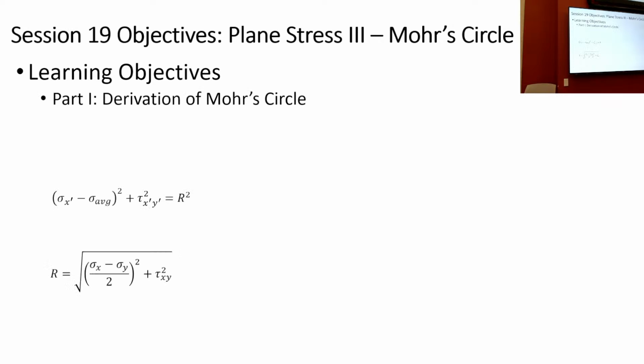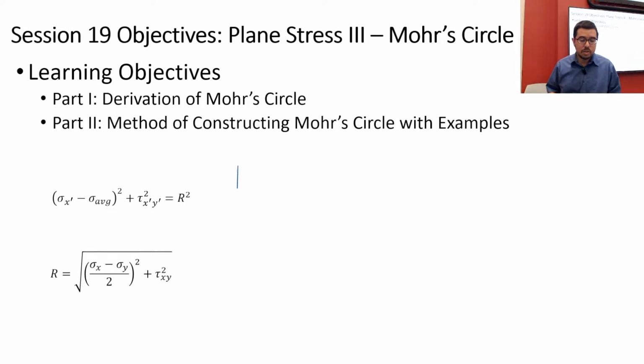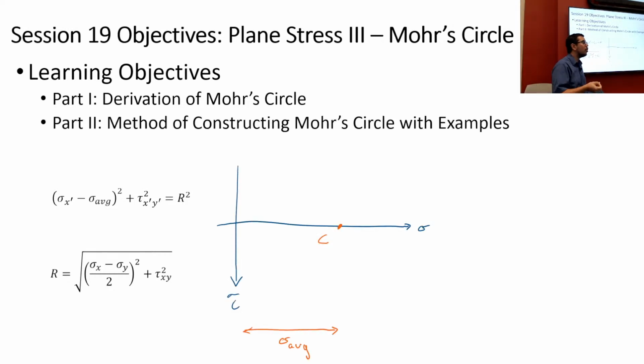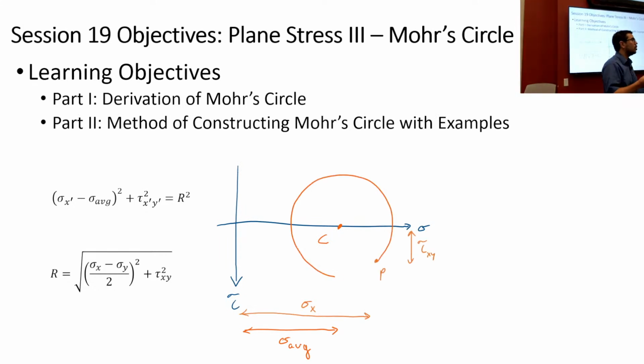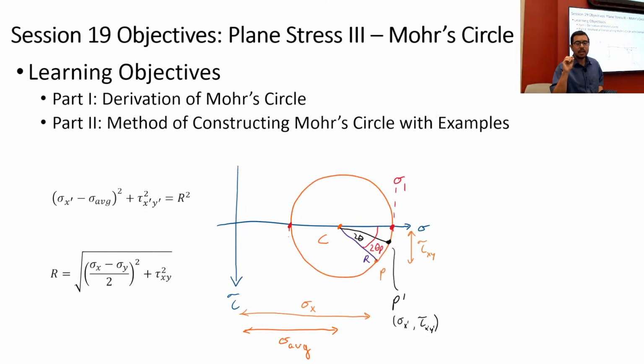Here we go. For Mohr's circle, we're going to go over its derivation: how you take what we've been talking about with the algebraic, or trigonometric, transformations and think about how to use a graphical technique instead. Then we'll talk about how we go about constructing Mohr's circle. There are some nuances.